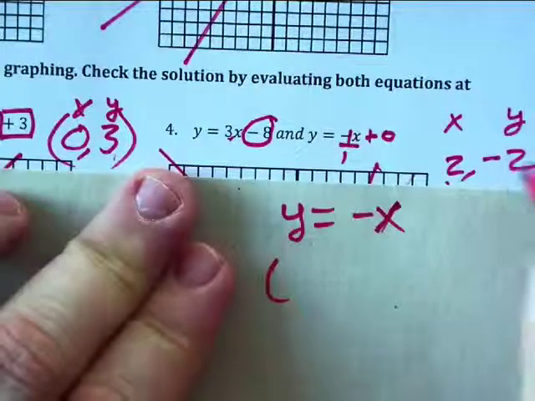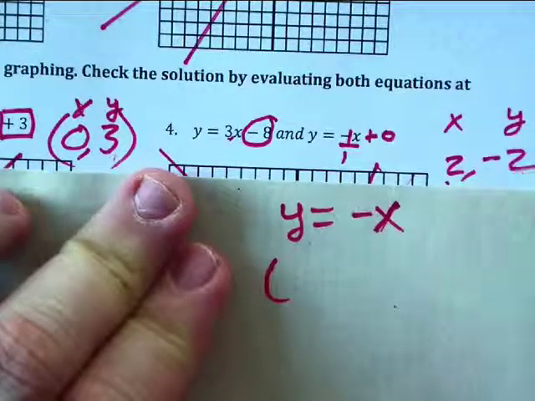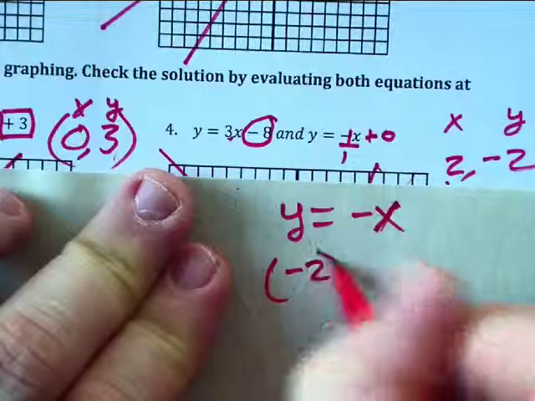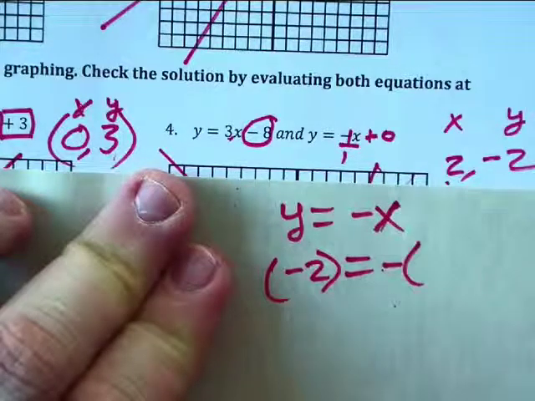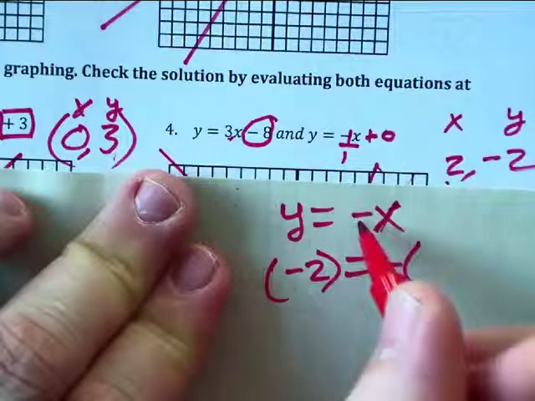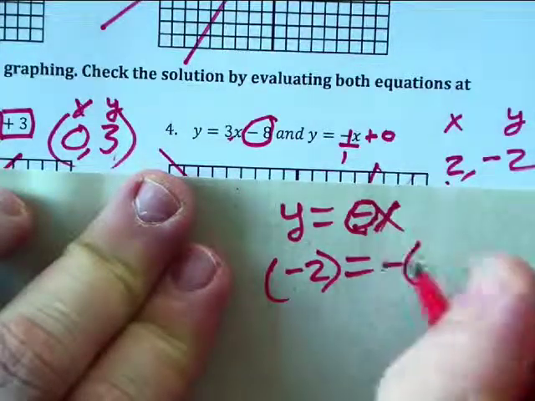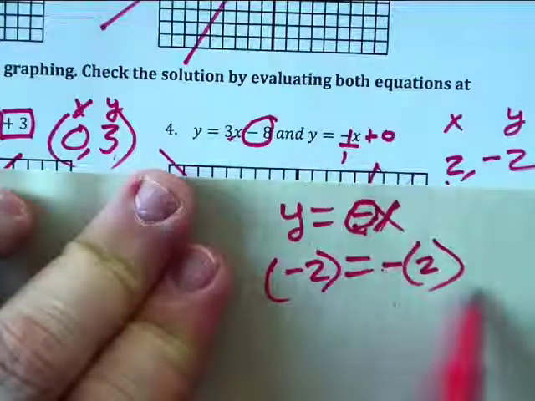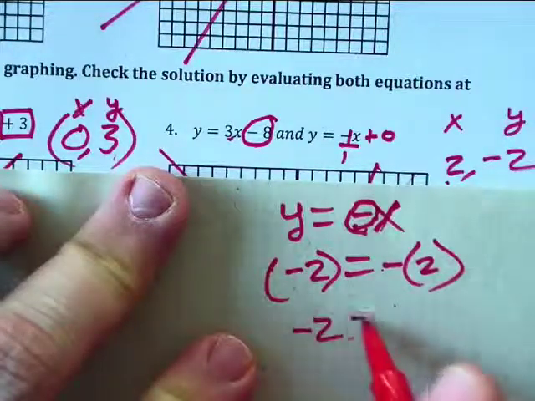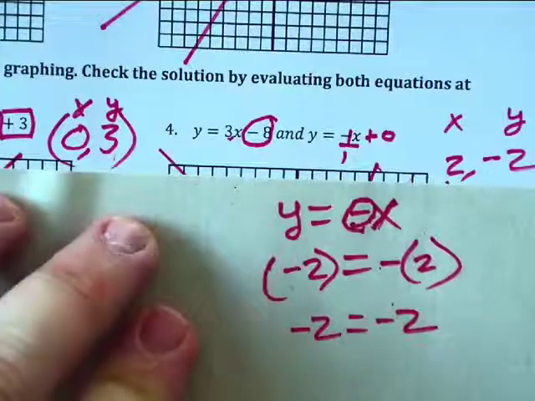We say that y is negative 2, so negative 2 equals negative, and then plugging in the x, and I'm just putting the negative there because it's sitting right here. X is 2. When we simplify that out, we get negative 2 equals negative 2, and that is correct.